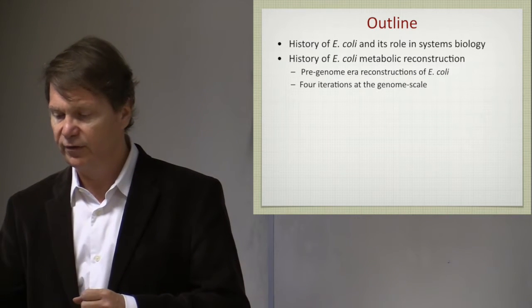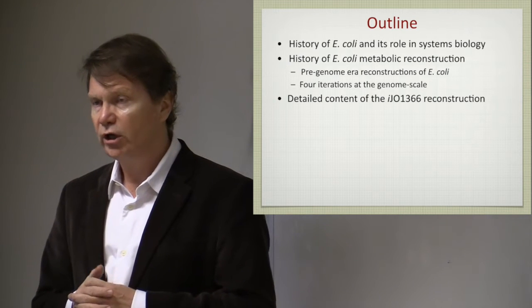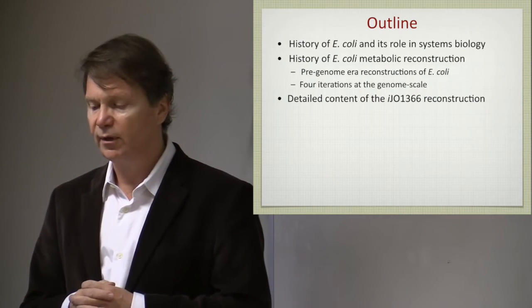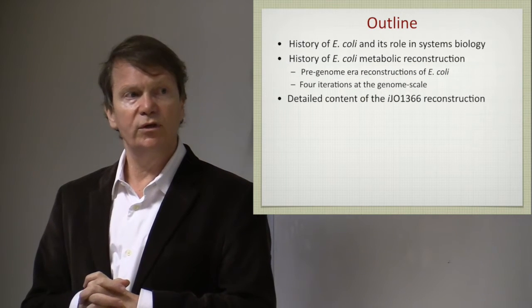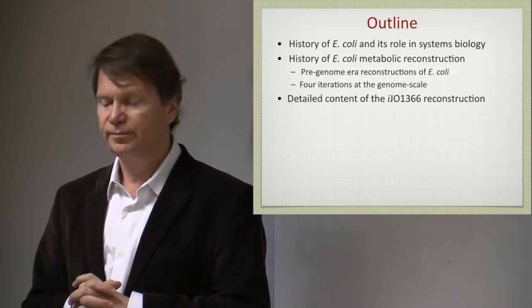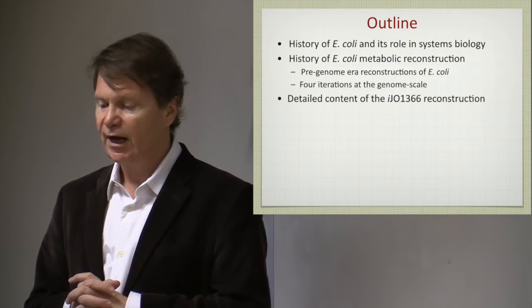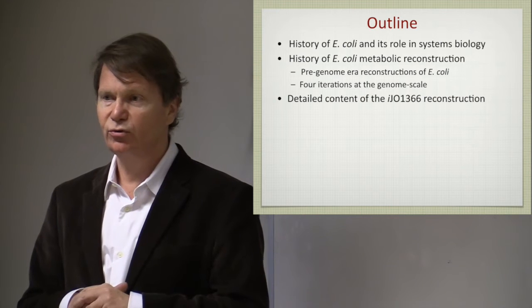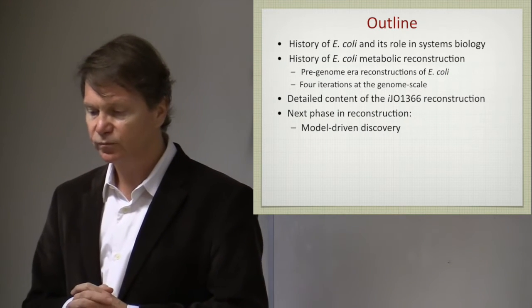And hopefully the 5th one will appear before too long. The current reconstruction that is published is called iJO1366, and which is now being used more and more. And how that alphanumeric string comes together to name the reconstruction will be explained later in the talk.